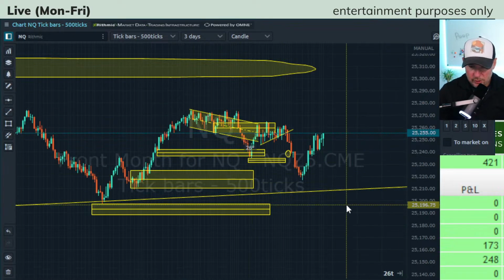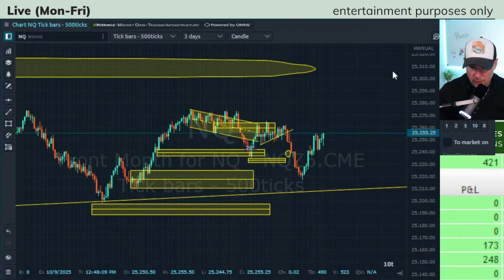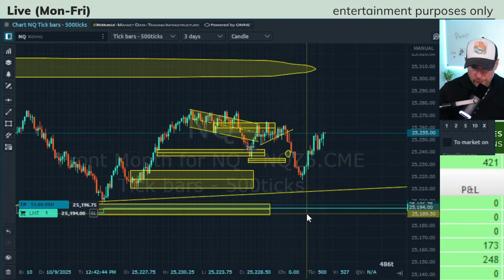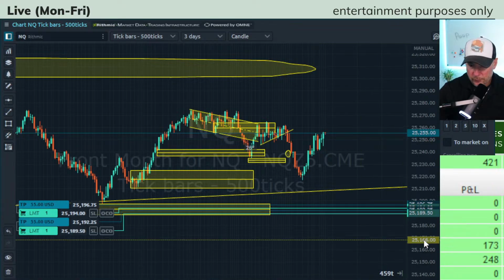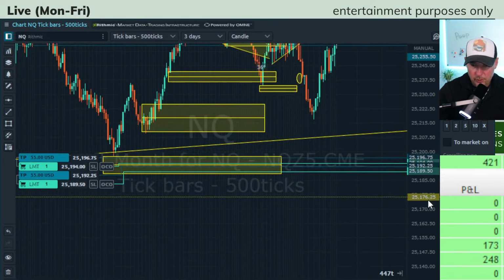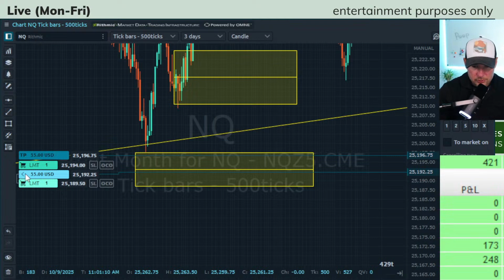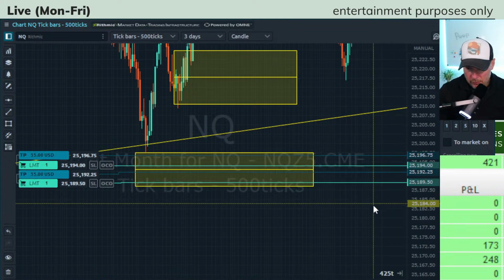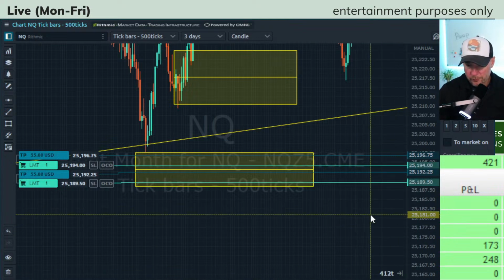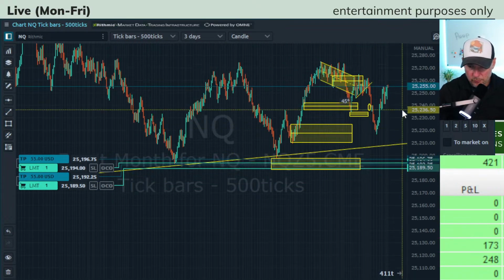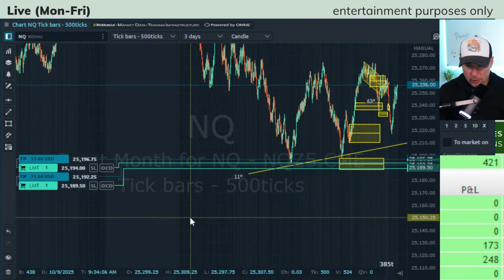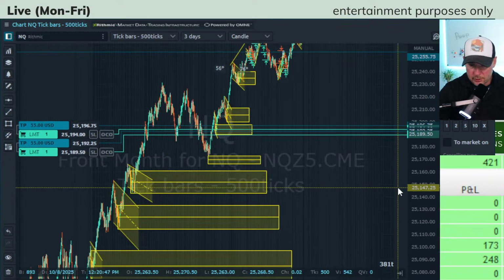This one we traded yesterday. Similar story here. I'm gonna put up a couple of longs. Let's take a look. What do we have here?